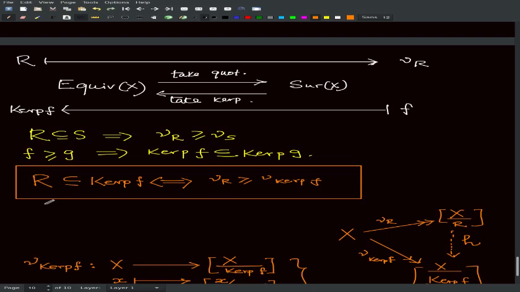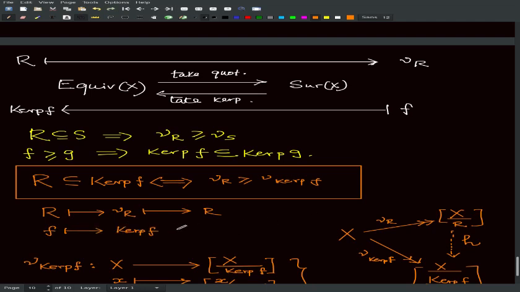So you see that this is a bijection. You start from R, take the quotient, and go back, you get back the same thing, R. On the other hand, if you start with f, you go to its kernel pair.